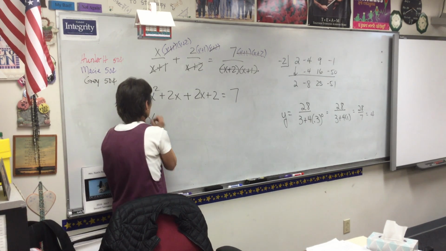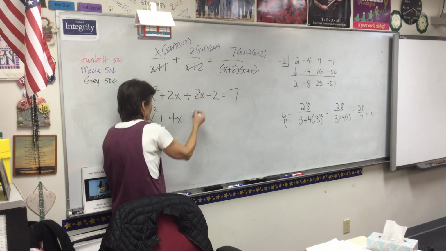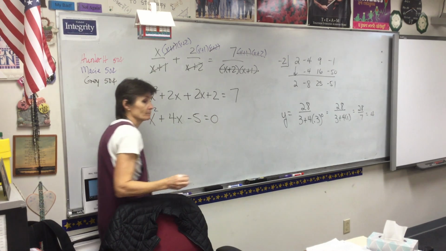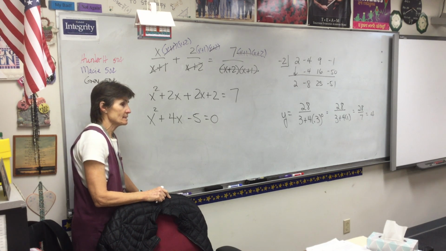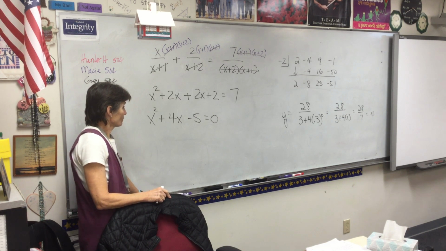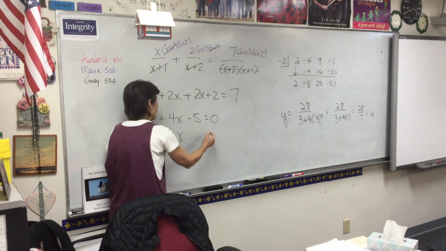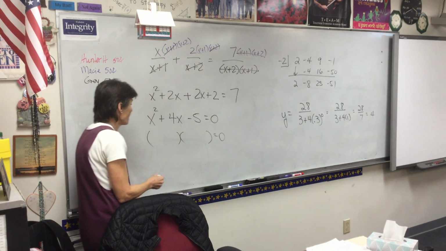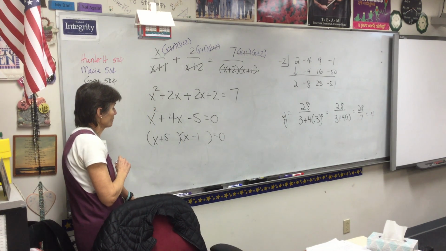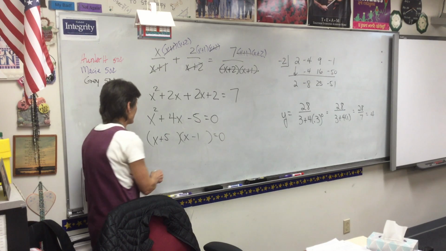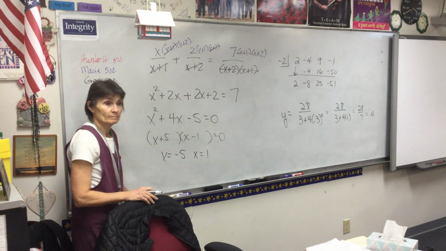So what do we got? x squared plus 4x minus 5. We want to get it equal to 0. And then I can factor that or use the quadratic formula. Doesn't matter. So my answers are x equals -5 or 1.